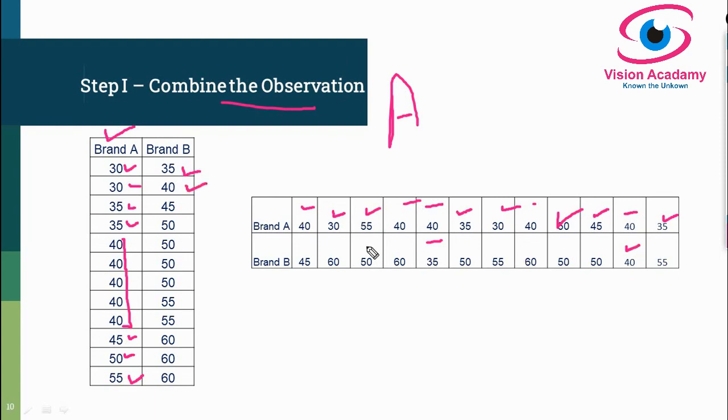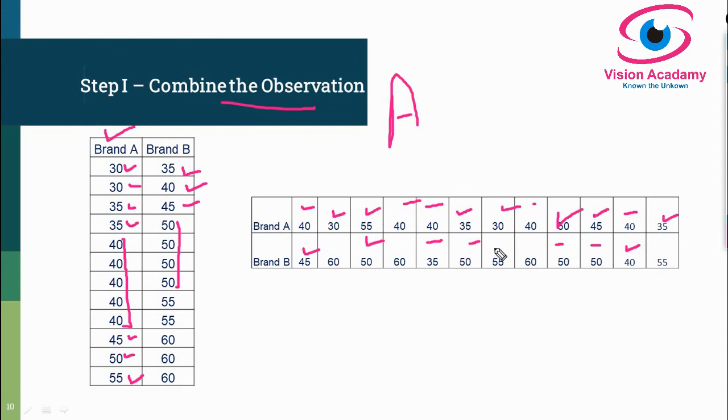After that, the next highest value after 40 is 45, which is also mentioned here. After 45 we go to the next highest observation, that is 50. We have four 50s here, 1, 2, 3 and 4, so four observations are entered here.